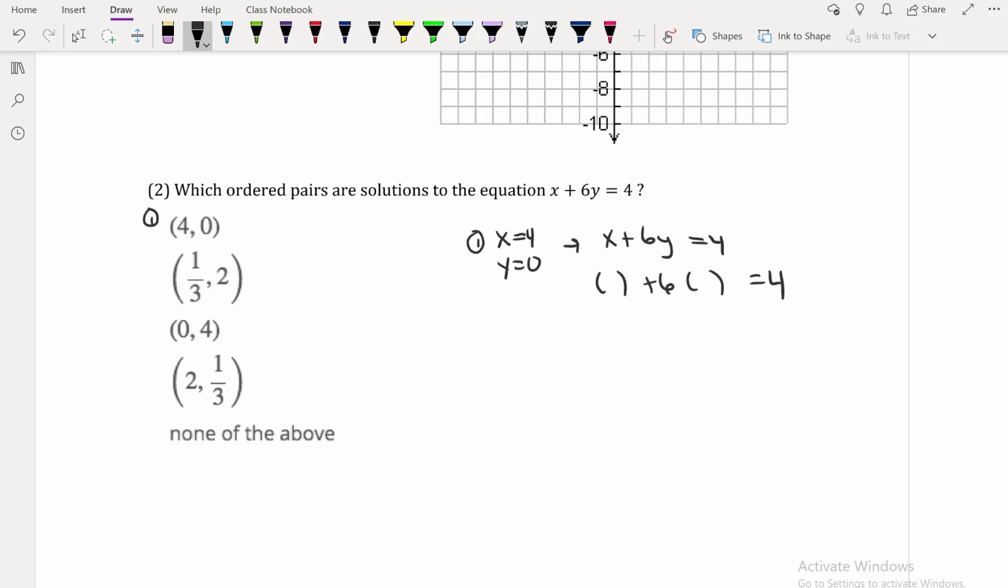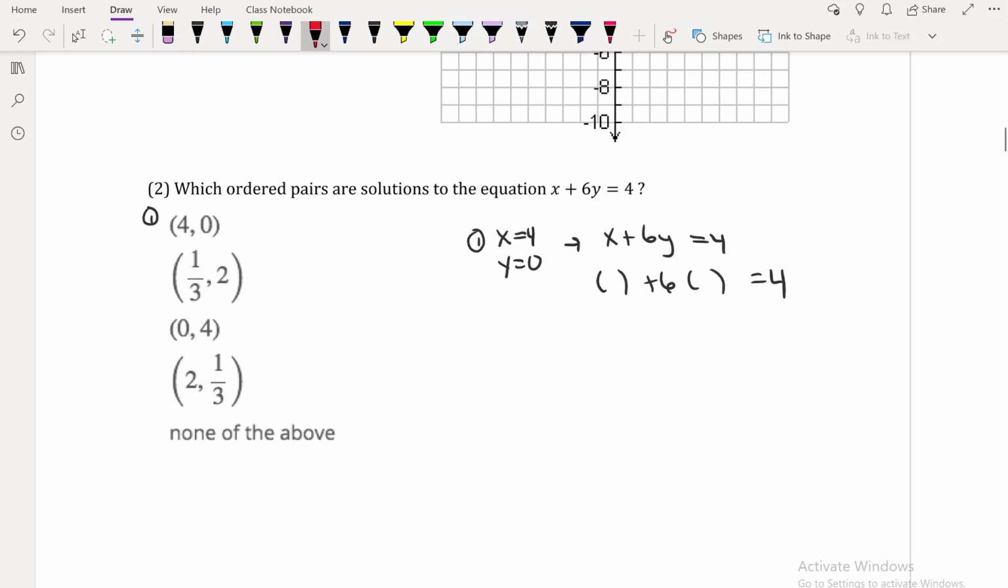So I'm going to plug in the 4 for x and the 0 for y. When I do this, I get 4 plus 0 is equal to 4. So that 4 is equal to 4. It checks out. So 4, 0 is an ordered pair that's a solution to the equation.